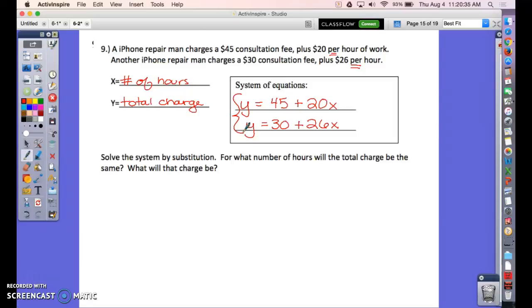Perfect. So now solve this system. This is a great substitution problem because we can take this right here and put it in right there. So when I solve, I'm going to combine my x's on the side that there are more of.